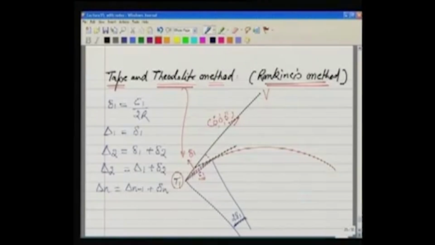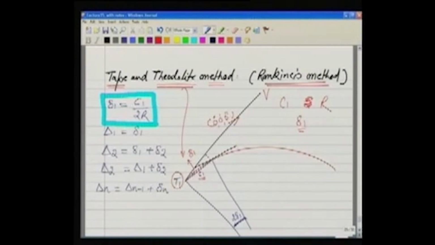Delta 1 is the angle made by the chord and the tangent. So the relationship is delta 1 is C1 by 2R. So knowing C1, and we already know R, we can find the value of delta 1.